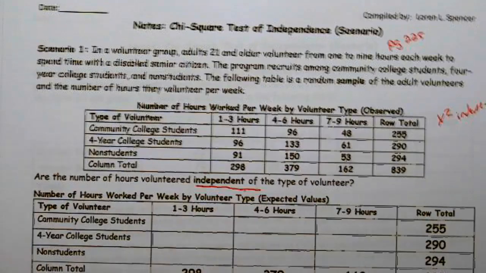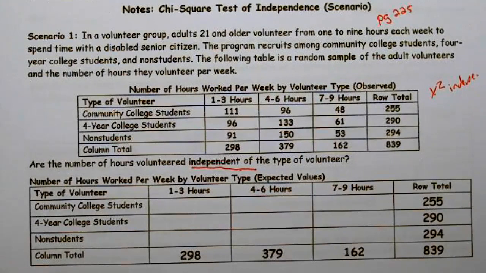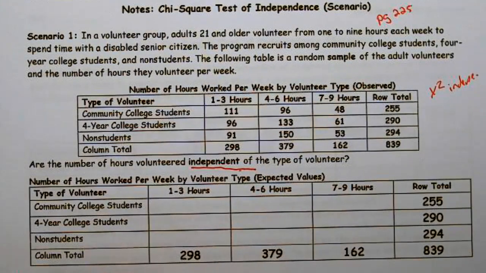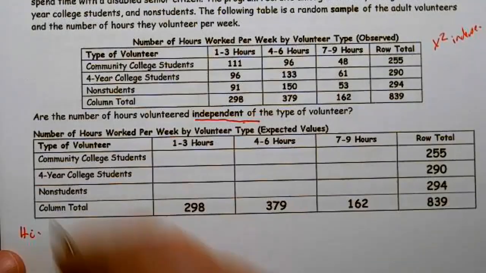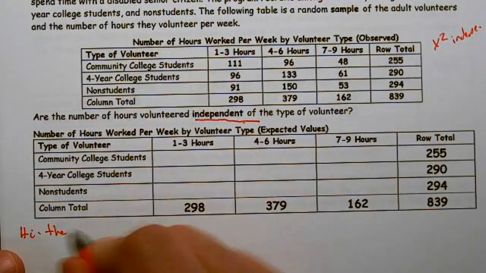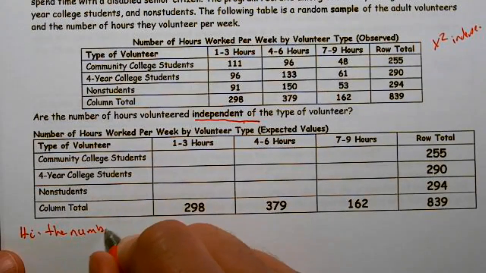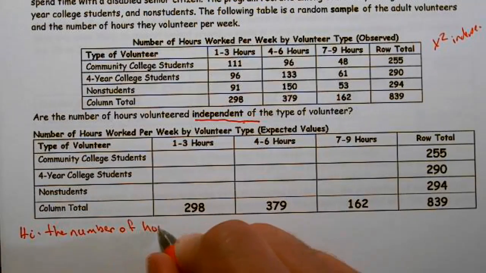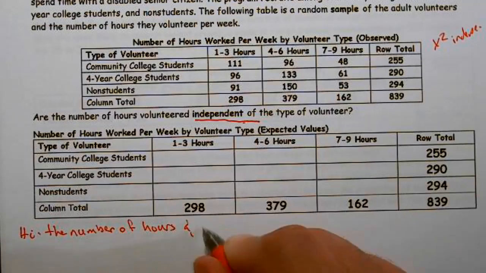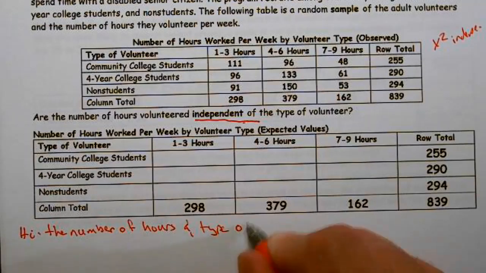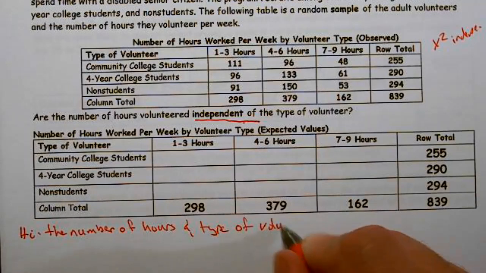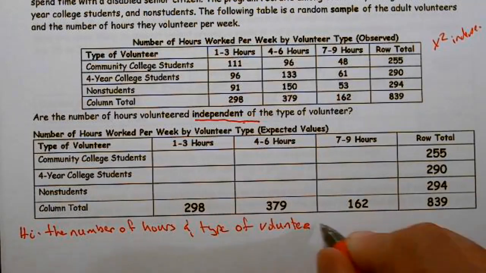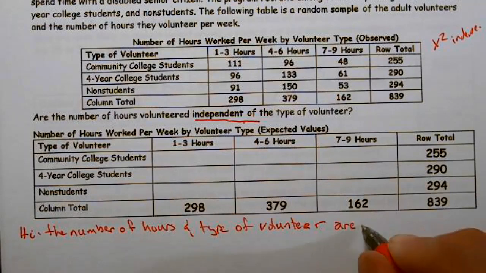So H0, our null: the number of hours and type of volunteer are independent.